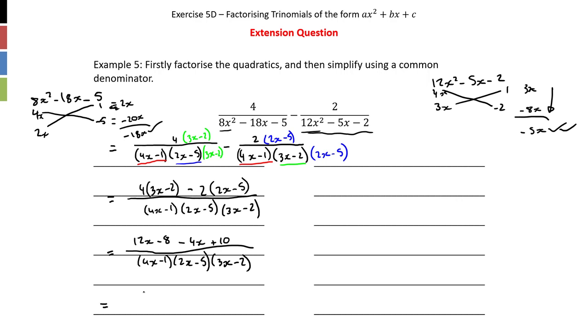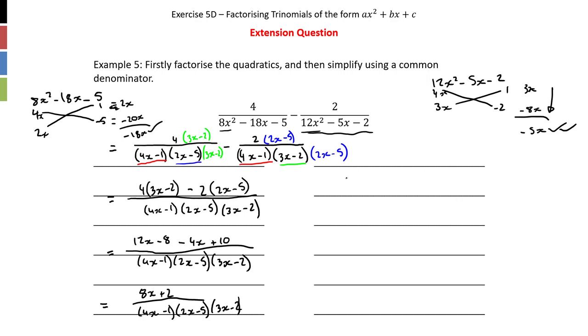And that numerator can simplify to 8x plus 2 all over 4x minus 1, 2x minus 5, 3x minus 2.